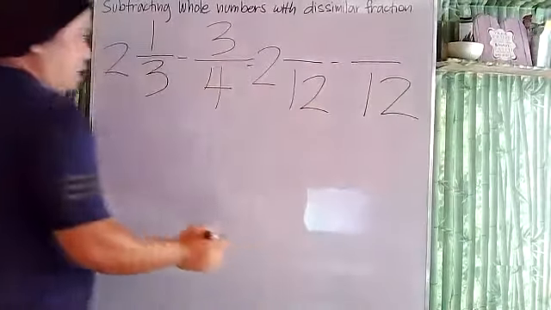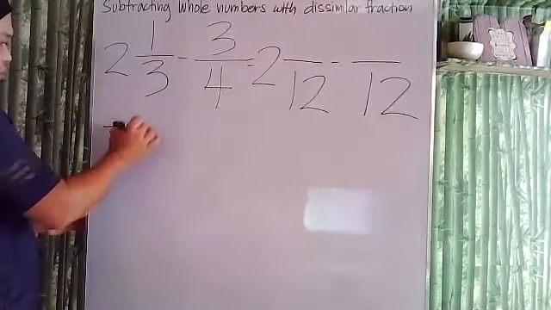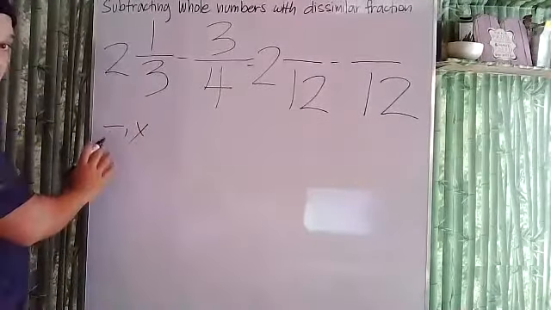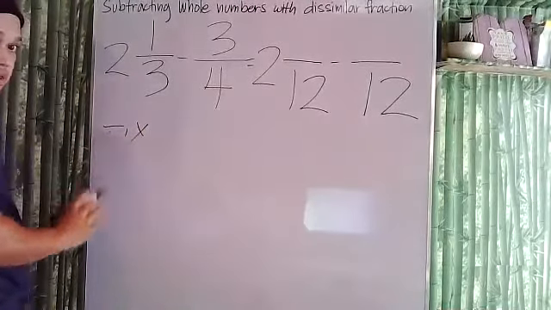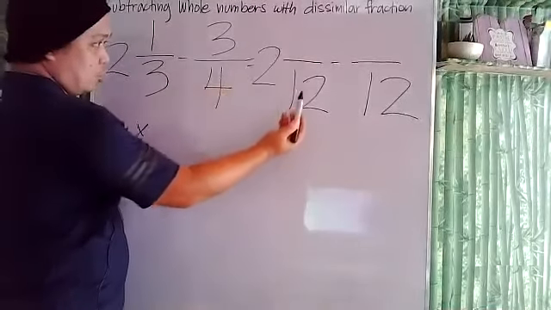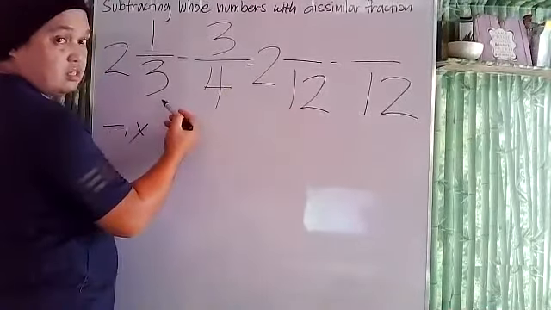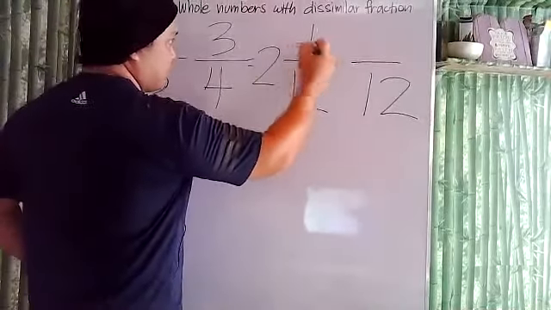Now to get their numerators, we divide and multiply. Divide first your denominator and multiply with its numerator. Now let's get the numerator here. 12 divided by 3 is 4. 4 times 1 is 4.